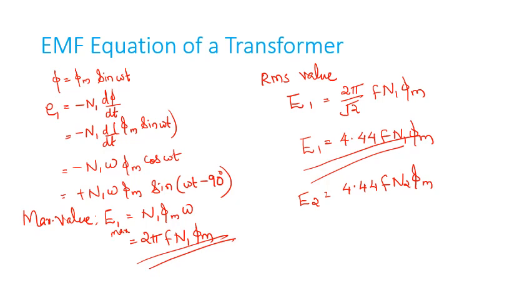Now, from this, divide E2 and E1. We will get N2 by N1, which is equal to a constant K, where K is the voltage transformation ratio or transformation ratio.